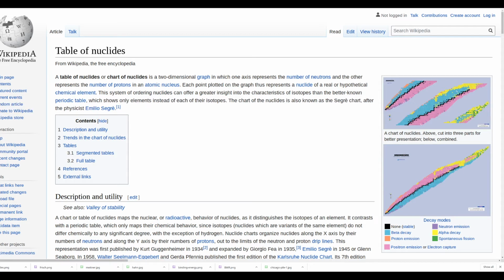Helium has two protons and one neutron, and then this one that I'm drawing the arrow to right now in green, that one is two protons plus two neutrons. The colors are interesting. So black is stable.